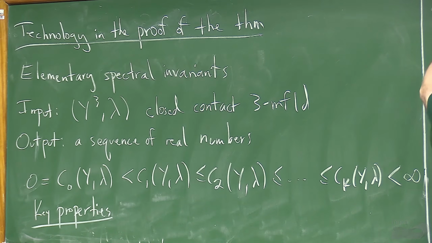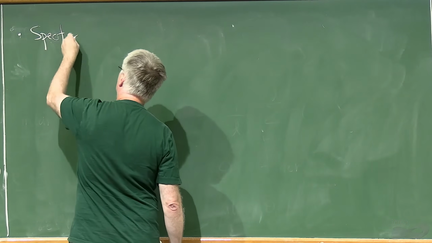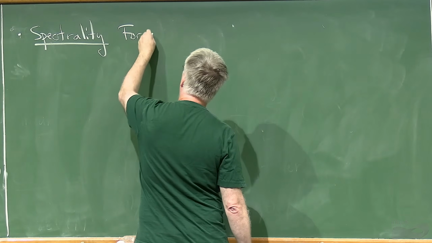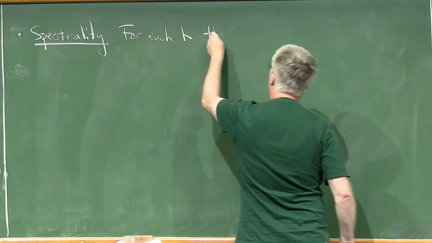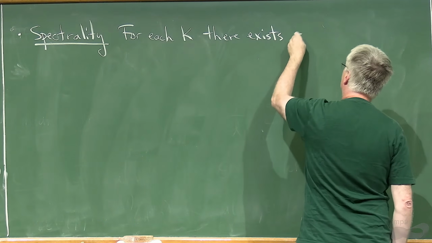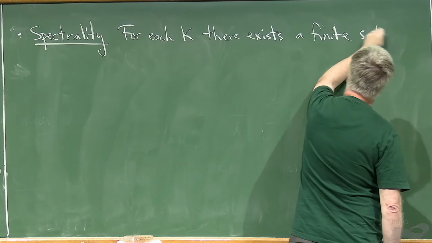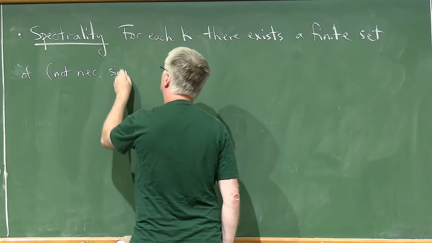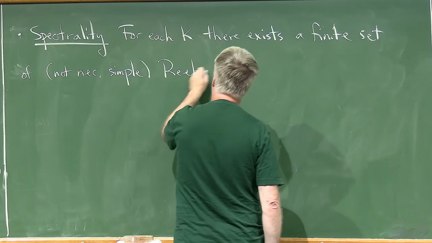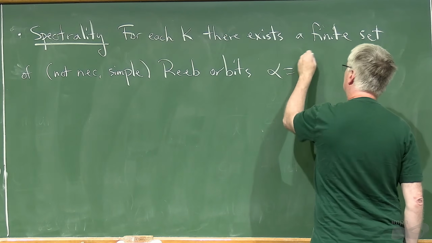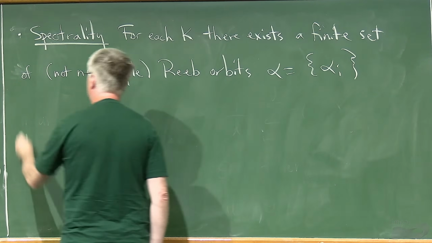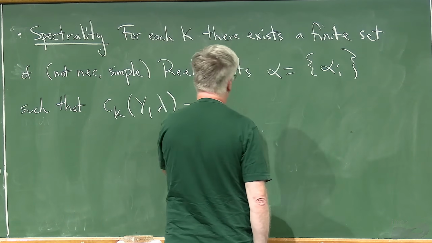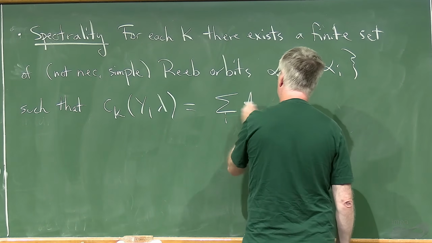So first of all, there's spectrality. For each k, there exists a finite set of, not necessarily simple, Reeb orbits such that c_k of Y, lambda is the sum over i of the action of alpha_i.